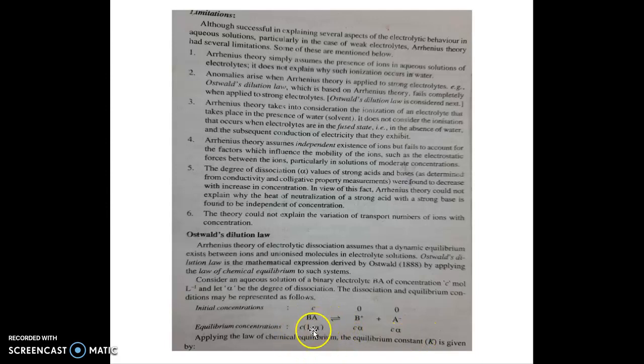But in the case of BA, what will happen? It will be 1 minus alpha. If the degree of dissociation is alpha, then the concentration of BA will become C into 1 minus alpha. Then we apply the law of chemical equilibrium.